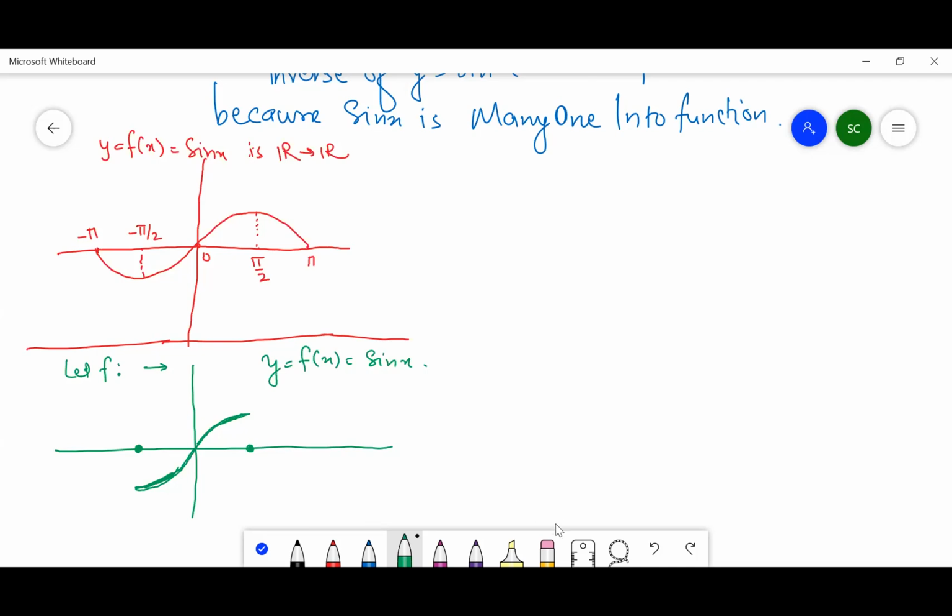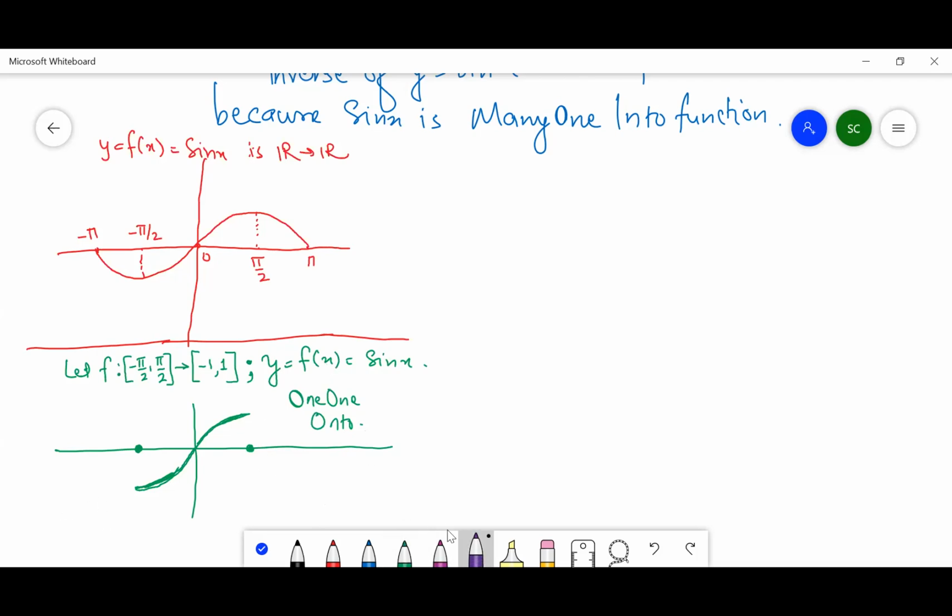Therefore we say let us consider the domain to be the closed interval minus pi by 2 to plus pi by 2, that is the domain, and the codomain also should be precisely selected, minus 1 to plus 1. Then y is equal to f of x, sin x, is 1-1 onto, and therefore there exists an inverse.